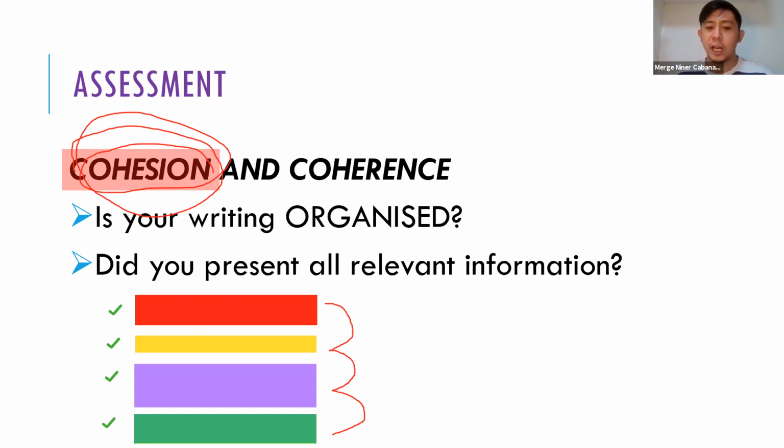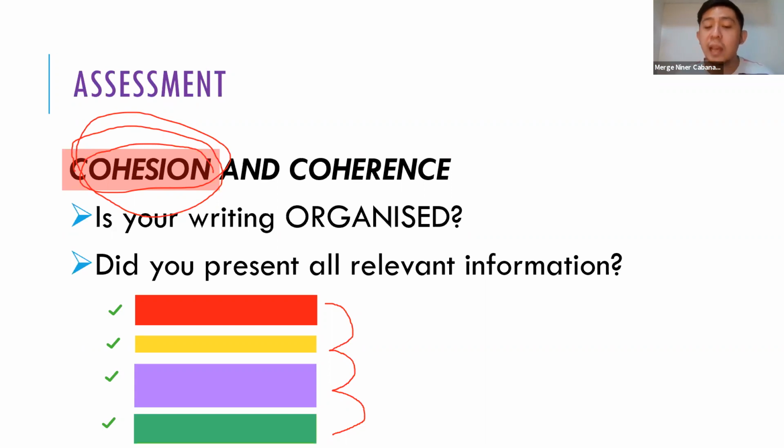Okay, so you can also use compound words. You can use your connecting devices. So coherence is the logical structure of your report, but cohesion is the connectivity of those ideas, whether they are related to one another. So how can you show cohesion much better?